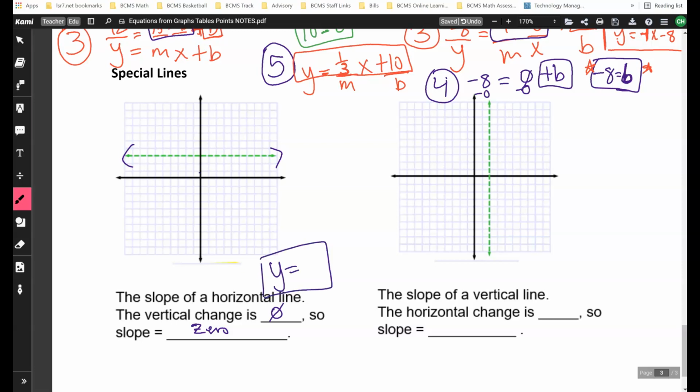In this case, it looks like 1, 2, 3. Yep, y equals 3 would be my equation for this line, because every point on this line, no matter where I'm at, has a y value of 3. No matter what my x is, my y values are going to be equal to 3. That's because there's no vertical change taking place, just a bunch of horizontal change, so my slope for that one is going to be 0.